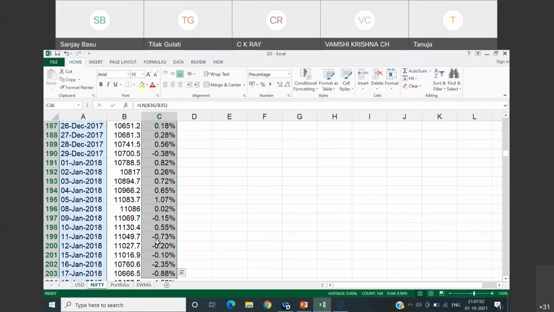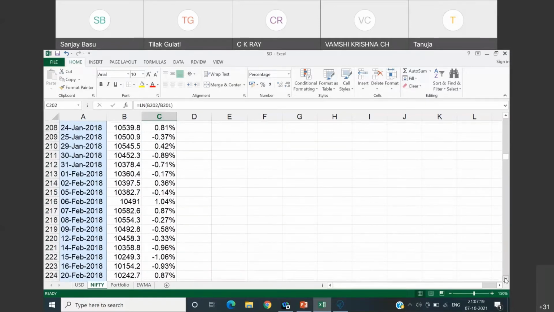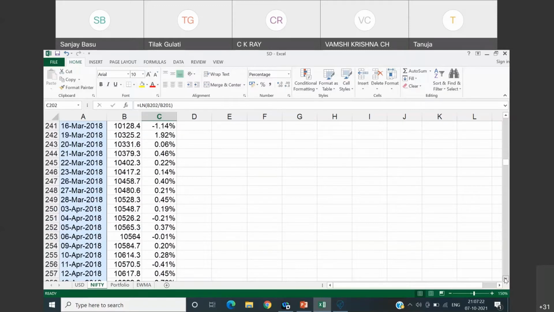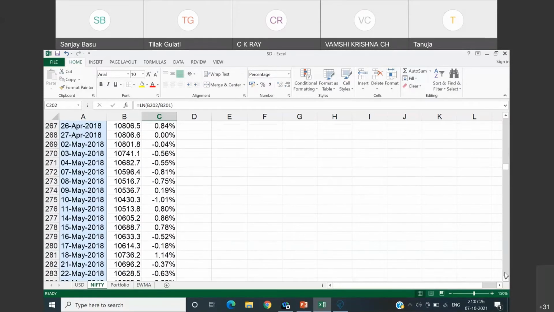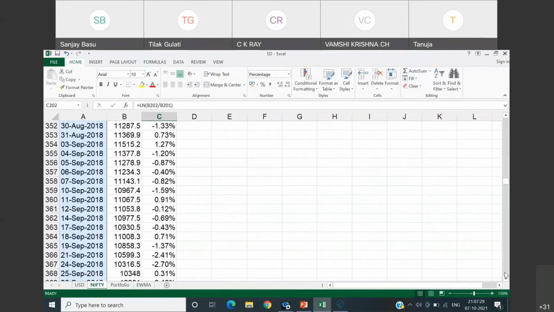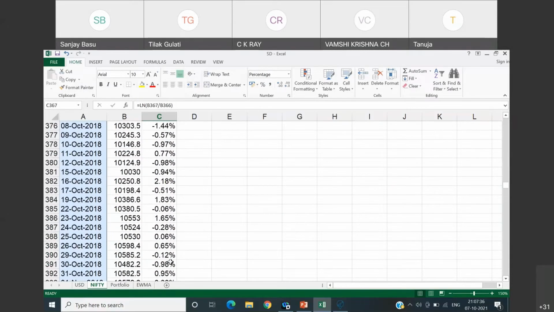You can get a shock of 0.35%. What if the Nifty falls by 2.35%? Or by 0.41%, 0.7%, right?